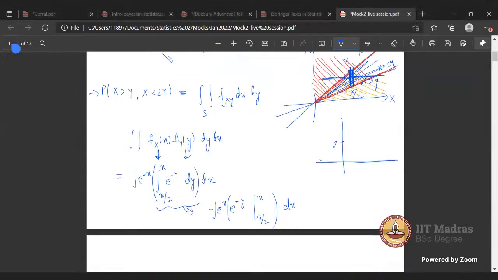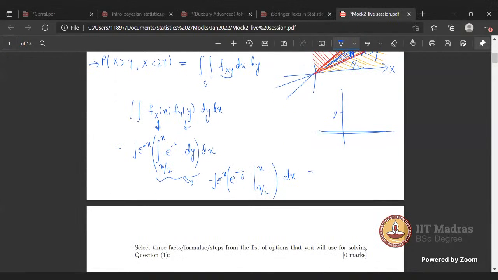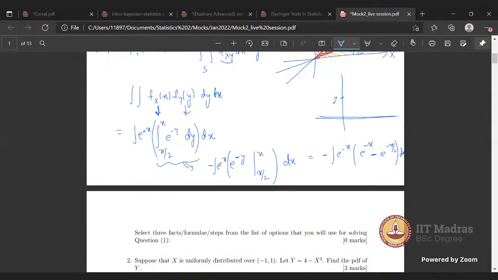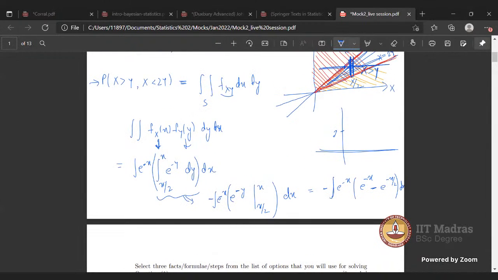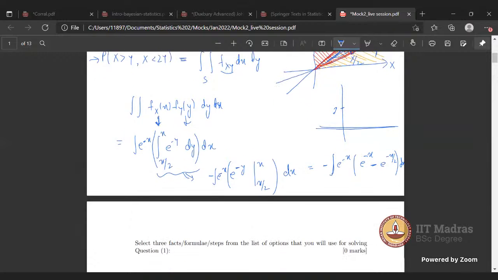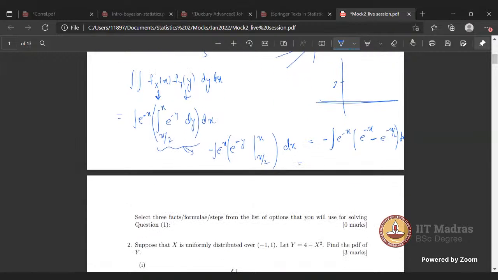Okay. So we integrate this and we will get minus e to the power minus x, e to the power minus x minus e to the power minus x by 2. Now we will have to integrate with respect to x. If you solve it, you can do the calculation, it will be minus 2x minus e to the power minus 3x by 2.